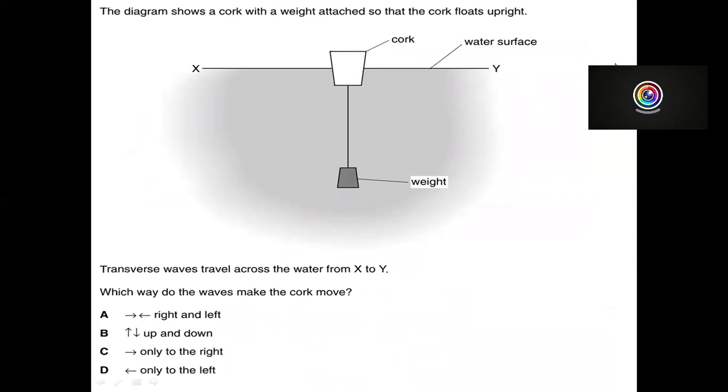Next question. The diagram shows a cork with a weight attached so that the cork floats upright. Transverse waves travel across the water from X to Y. Which way do the waves make the cork move? Attempt this question and also send me the answer.